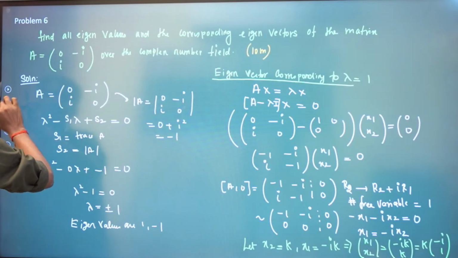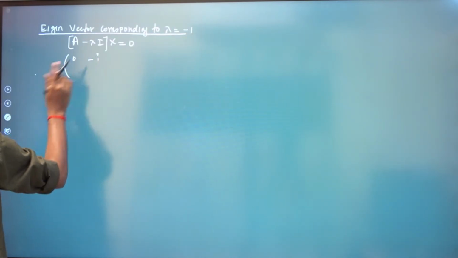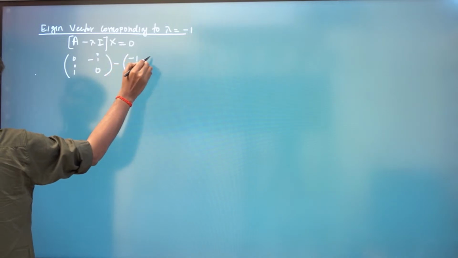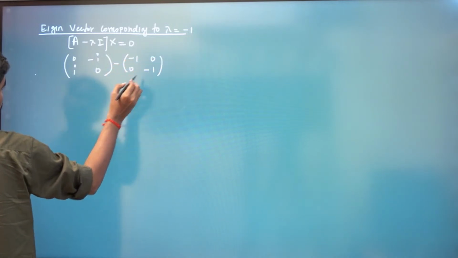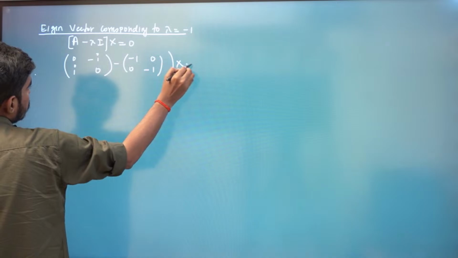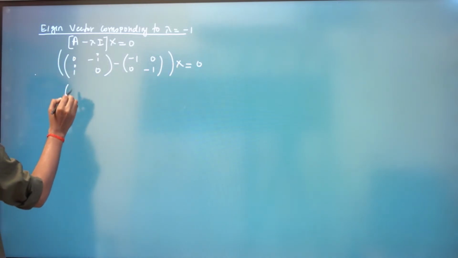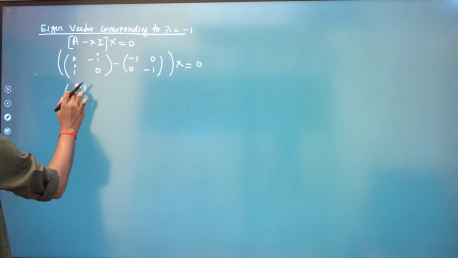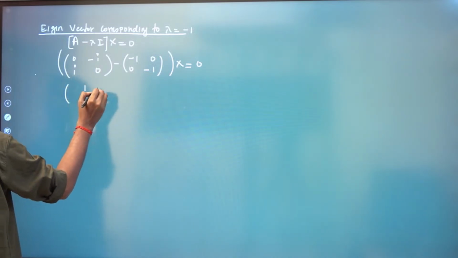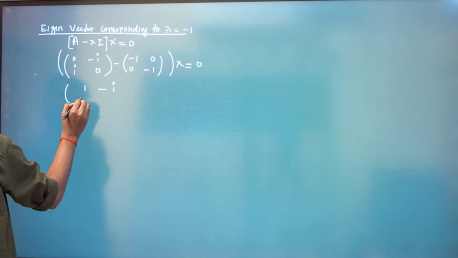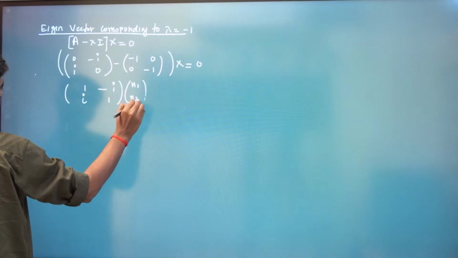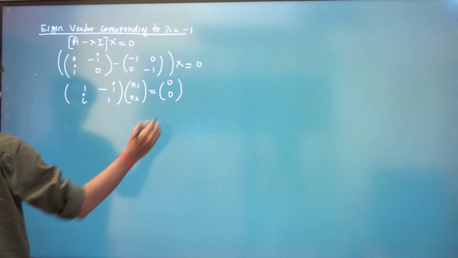A is given by [0, minus i; i, 0] minus lambda I, so we have [1, minus i; i, 1] times (x1, x2) equal to (0, 0), right?